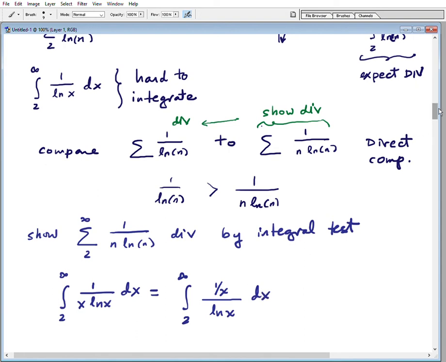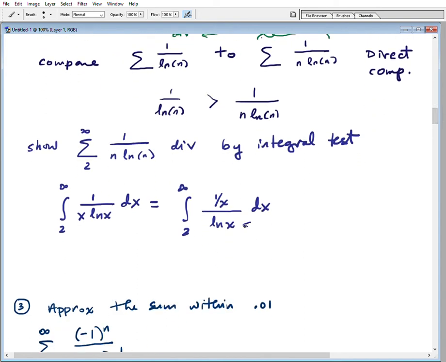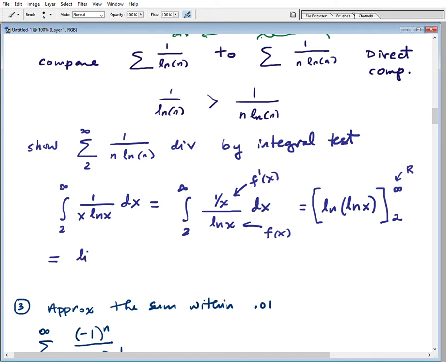This is what we call the log integral in Math 16. This is exactly of the form f prime of x on top, f of x on the bottom. So this is equal to the log of the denominator, which comes out to ln x. Now we're integrating from 2 to infinity. Usually what we do is put an r here and take the limit as r goes to infinity. So let's do the limit as r goes to infinity.